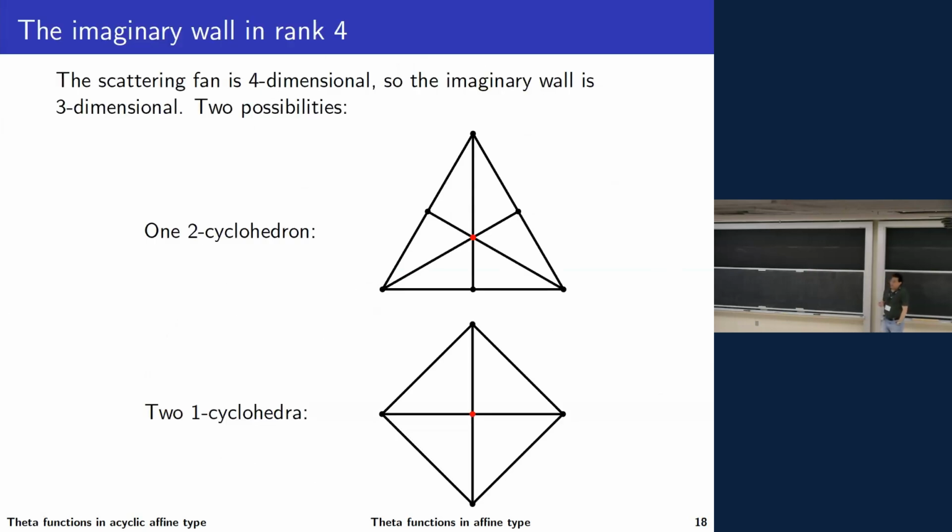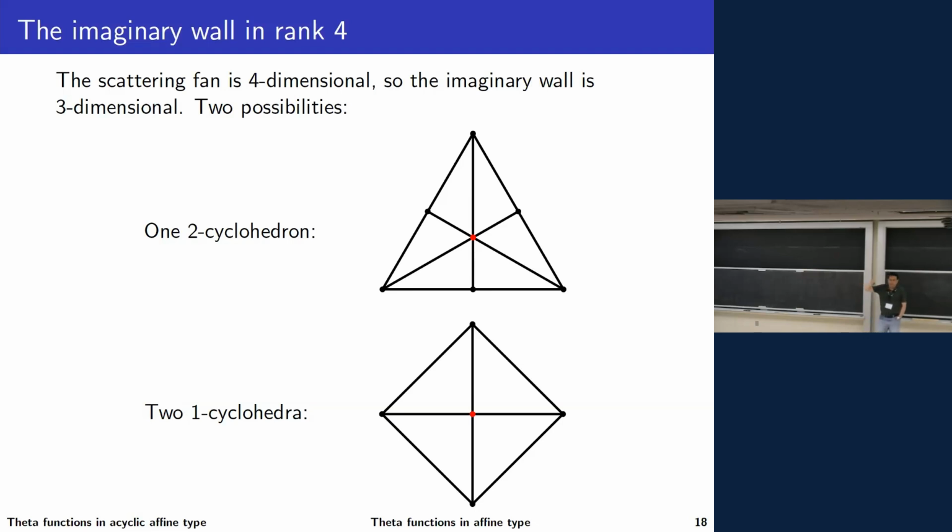Okay. If I go to rank 4, so now I'm in a 4-dimensional scattering diagram. That means my imaginary wall is 3-dimensional. And I'm going to draw pictures that are sort of its cross section as a cone, and it's the cross section of its decomposition. So if I have one cyclohedron that's, I guess, one 2-dimensional cyclohedron, then the cross section is just that cyclohedron.